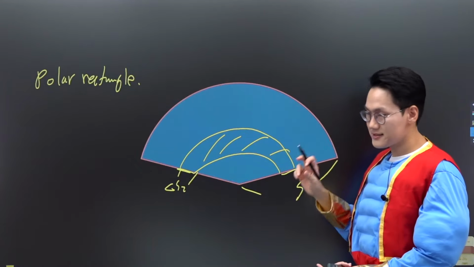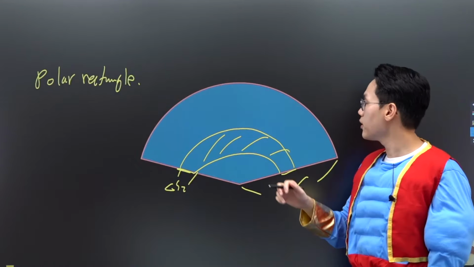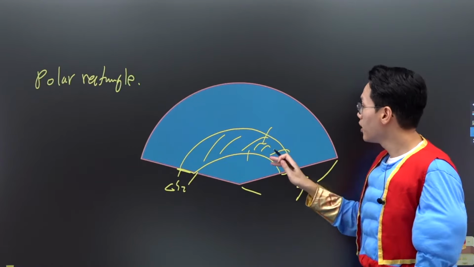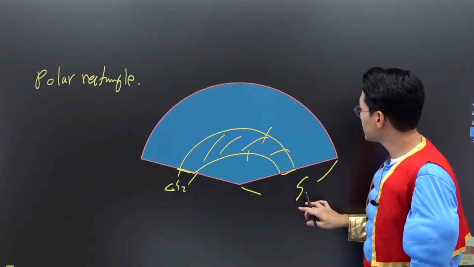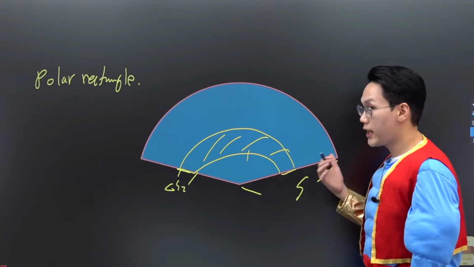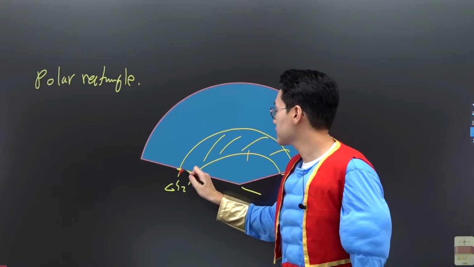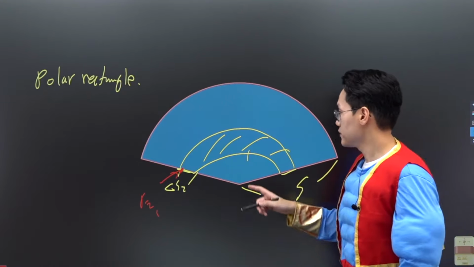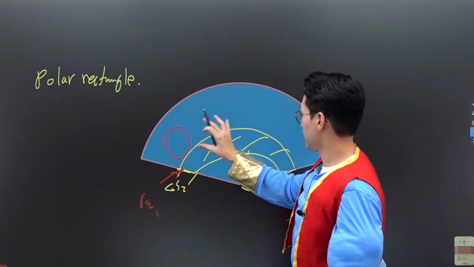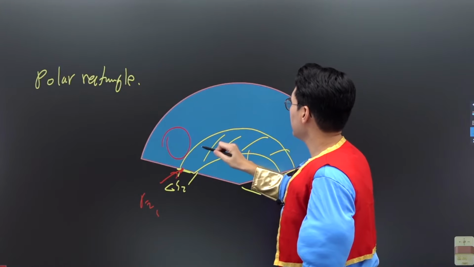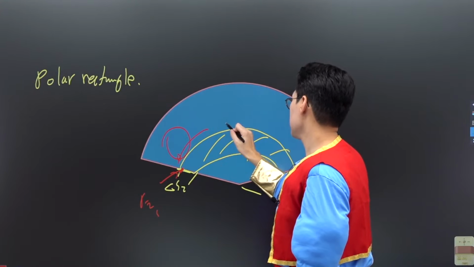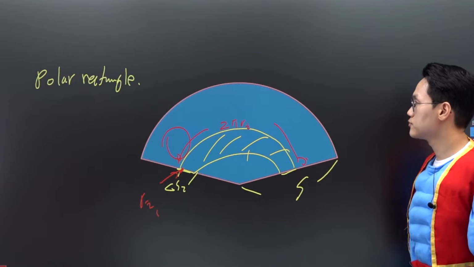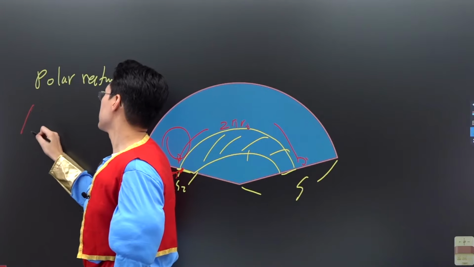But if delta is very, very small, infinitesimal, this length and this length will be approximately equivalent. So whatever radius I get at that point, I'm going to call it radius ri. I'm given a circumference of the circle, and this arc length is going to be given by the circumference with radius ri.